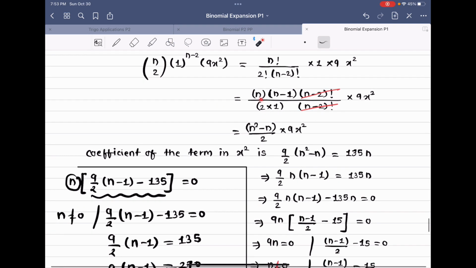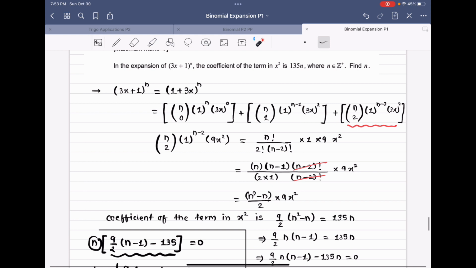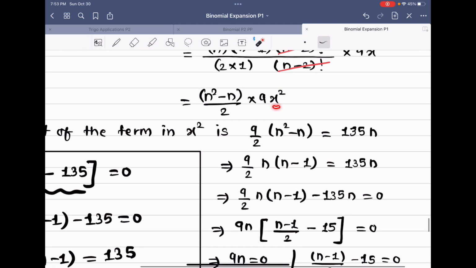Now I am expanding n times (n minus 1) upon 2 into 9x squared. If you see the question, they said the coefficient of the term in x squared. Coefficient means what? The number associated with x squared is given as 135n. So right now we have the x squared term, and the coefficient is (n squared minus n) upon 2 times 9 is equal to 135n, because that is the coefficient already given in the problem.